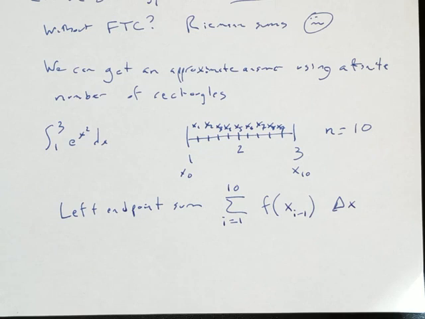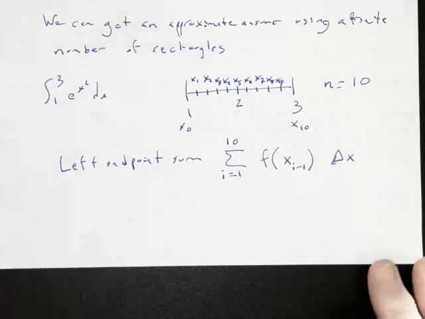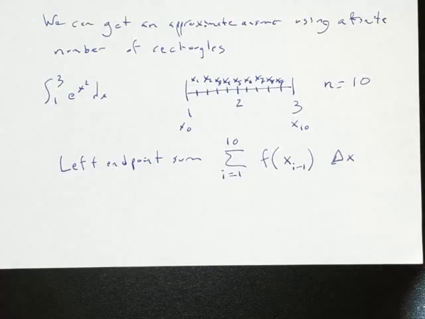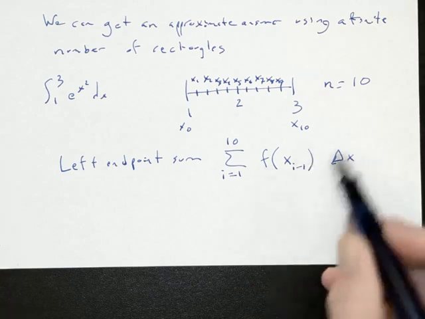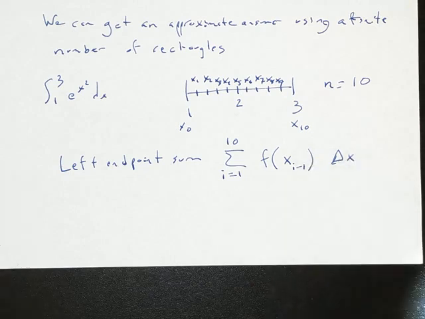The reason I wrote i minus 1 there is because I numbered my rectangles 1 through 10, but I want to use x0 for the first one, and x1 for the second one, and x2 for the third one, and so on. And this would give me the left edge as the height. So the height times width. Add up the rectangles, and you're done.